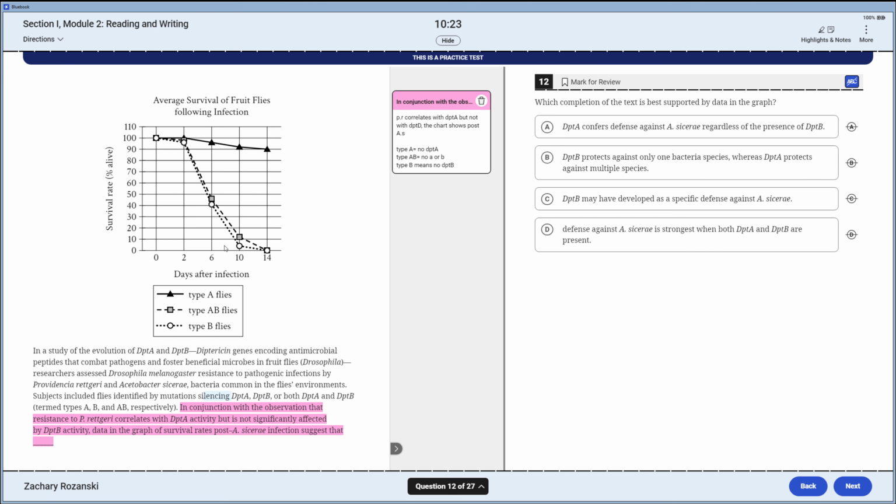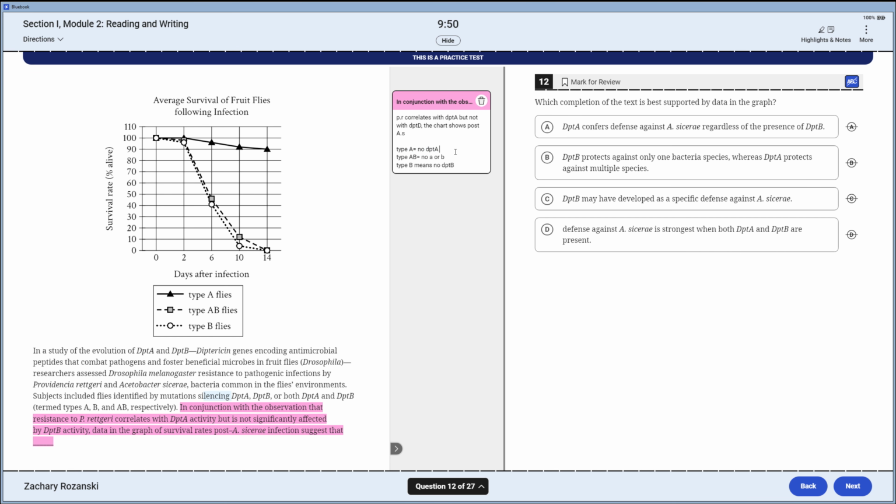All right, so I'm going to assume this chart is just about this one, and then we're going to go for it. This one's saying that, supported by the data in the graph, DPTA confers defense against ASIC. So DPTA defends against ASIC. So DPTA is absent in type A. So if it confers defense, that would mean that it would survive.